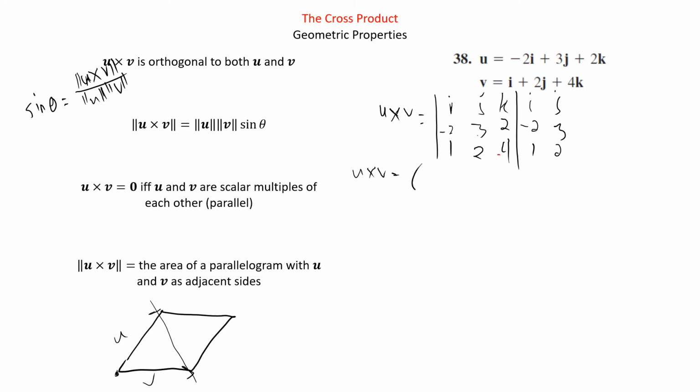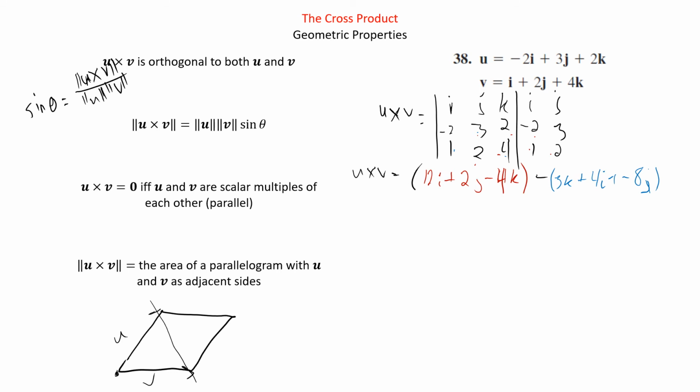We have 3 times 4, which is 12I, plus 2 times 1, which is 2J, plus -2 times 2 is minus 4K, minus, go the other way, 1 times 3 is 3K, plus 2 times 2 is 4I, plus 4 times -2 is -8J.